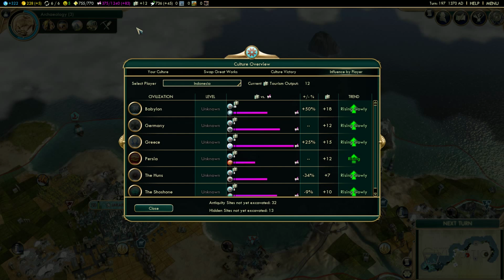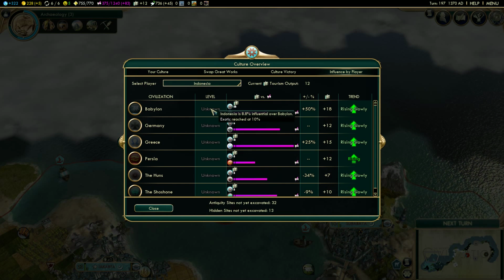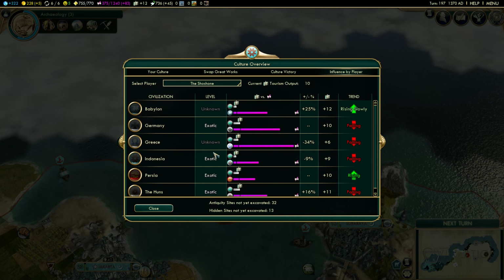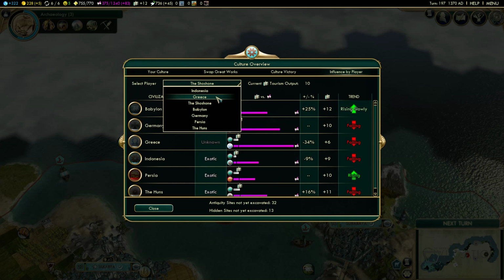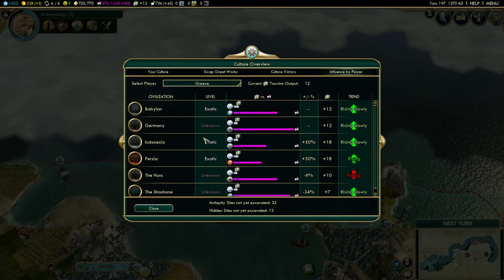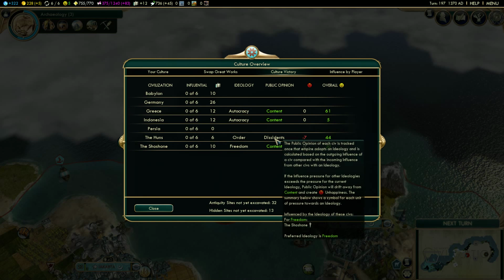As you can see, because our tourism is low, we have no influence on any civ, whereas the Shoshone are exotic on us, and Greece, you will see, is also exotic on us. And it is the difference between your influence on them and their influence on you that determines the pressure that they exert on you.